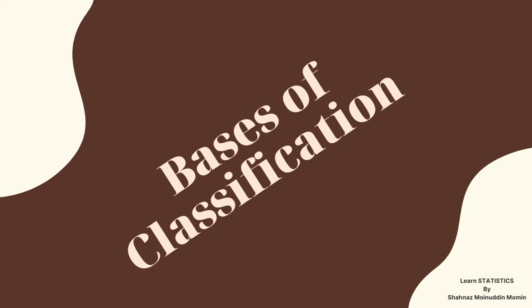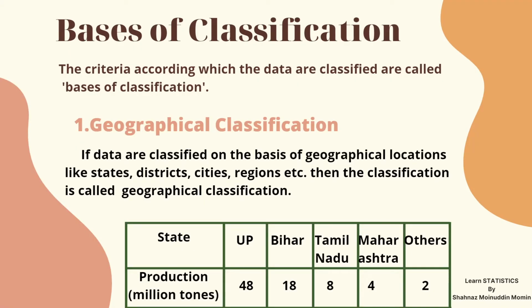Let us see the next point, basis of classification. The criteria according to which the data are classified are called basis of classification. Let us see the first type, geographical classification.